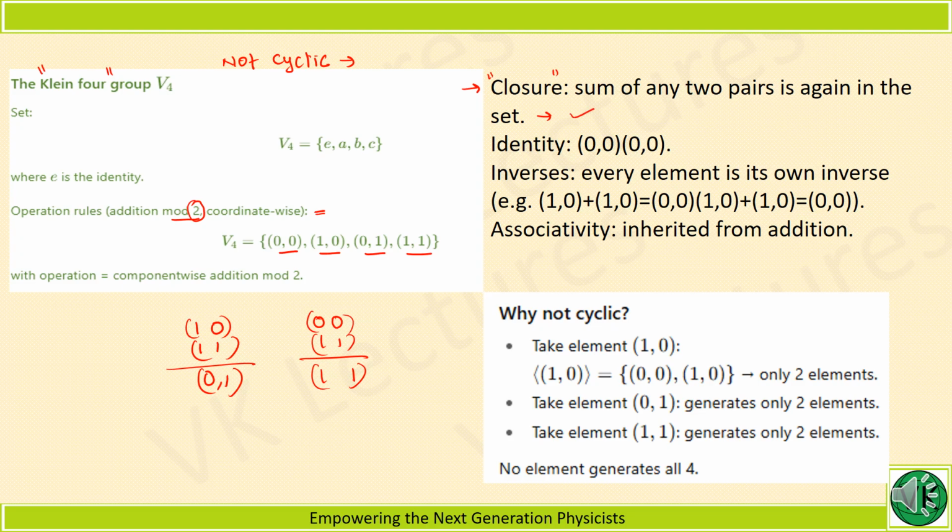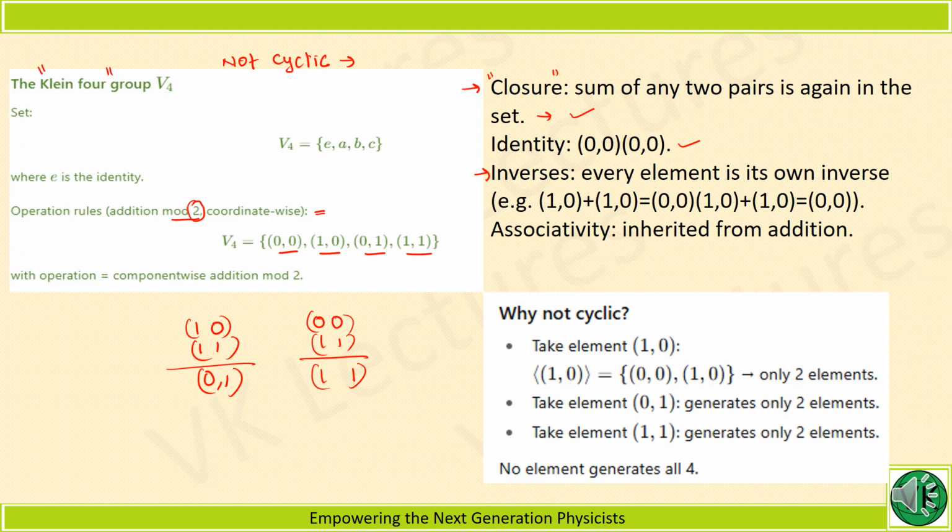For identity, it is (0,0), which is the identity element in the group. You add (0,0) to any element in the group, you get the same element. Now every element has its own inverse.